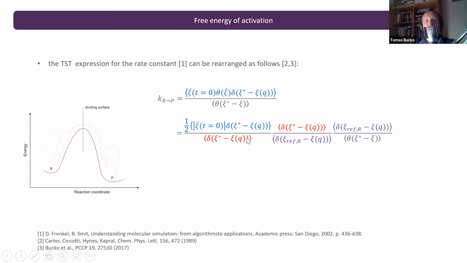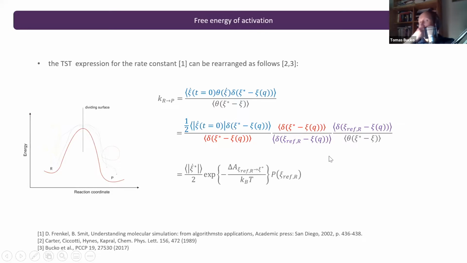Then we just multiply and divide by the same term. First, this is basically the partition function for the transition state, and this is that for an arbitrarily chosen reference reactant state. We multiply and divide by the same term, so we can choose it arbitrarily at our will.